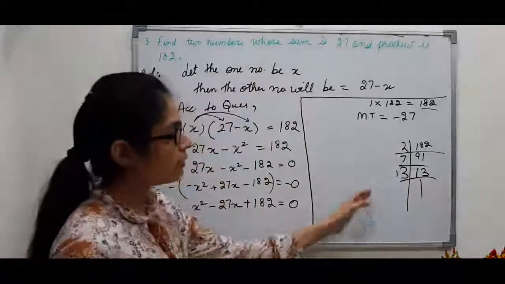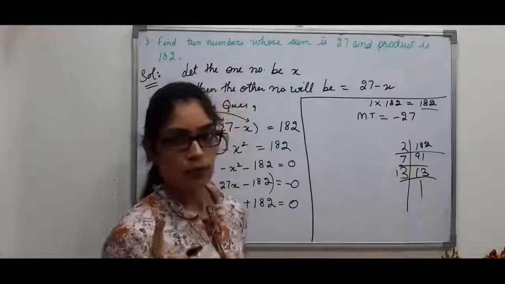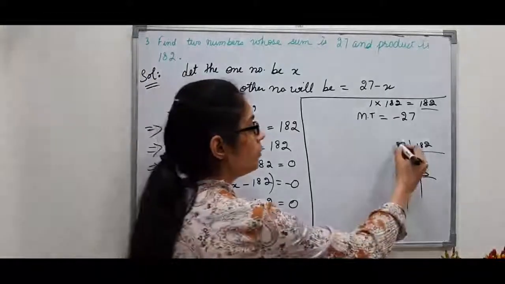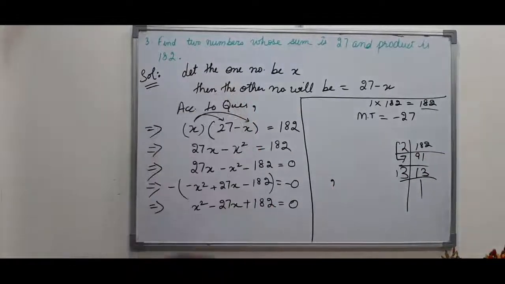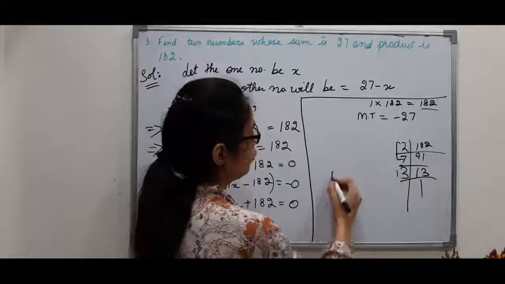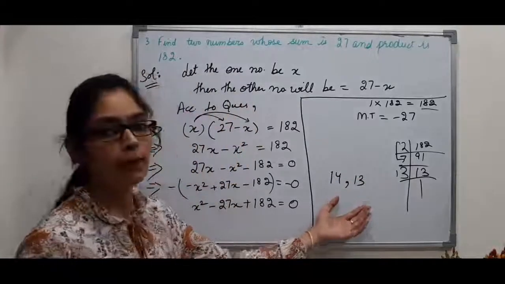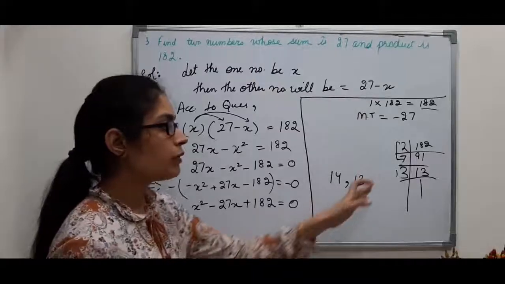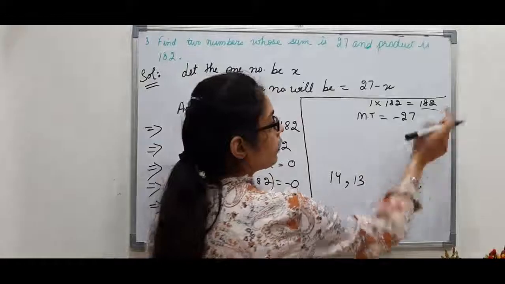Then these three are the factors of 182. So I need only two numbers. So what I will do, I will multiply these two. 2 into 7 is 14. So I can write 14 and 13. These are the two numbers. If I multiply 14 and 13, I will get 182, which is equal to this.